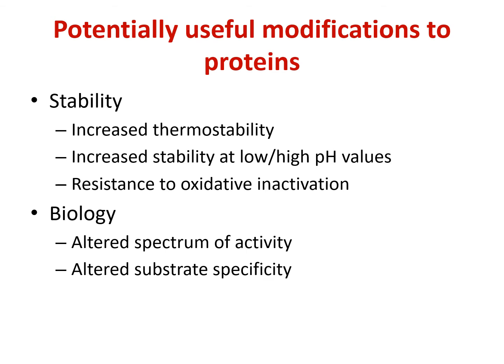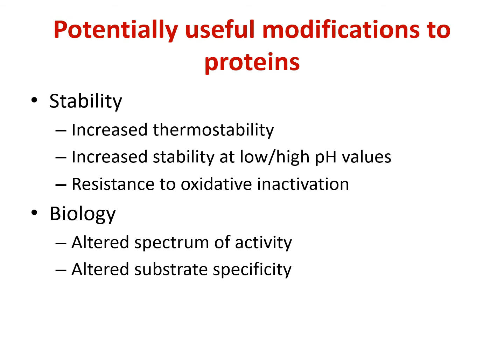As I mentioned before, mutation can be useful for modification of proteins. For example, mutation or protein engineering is done in order to increase the stability of the protein. For example, an increase in thermal stability so that it can withstand high temperature is useful for industry.